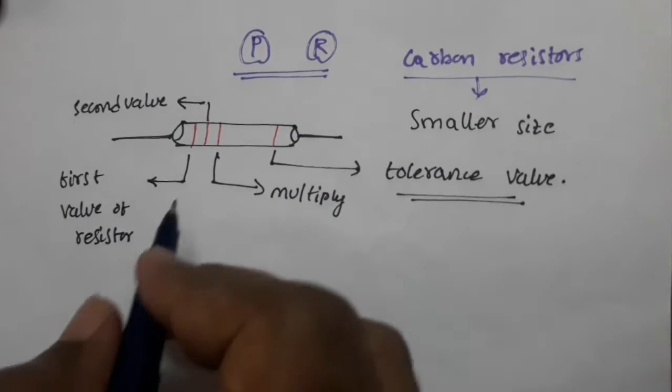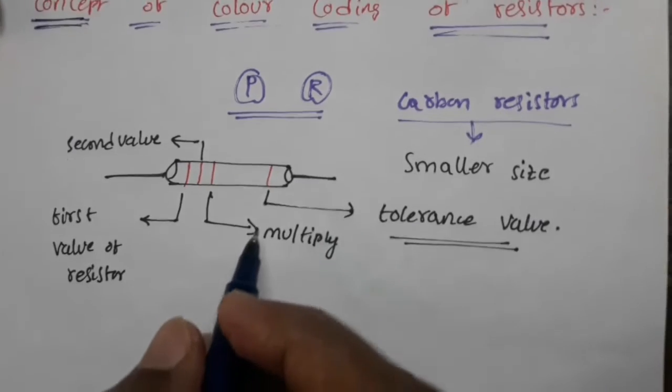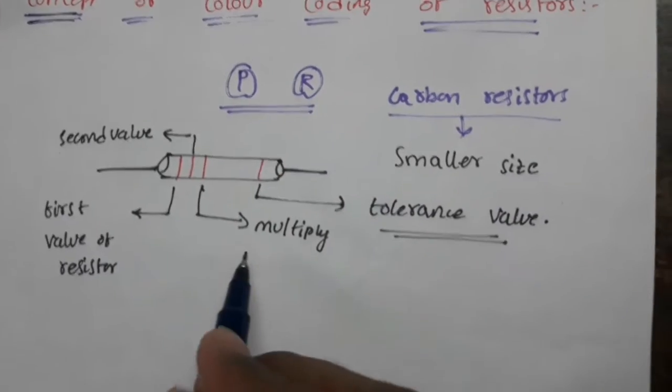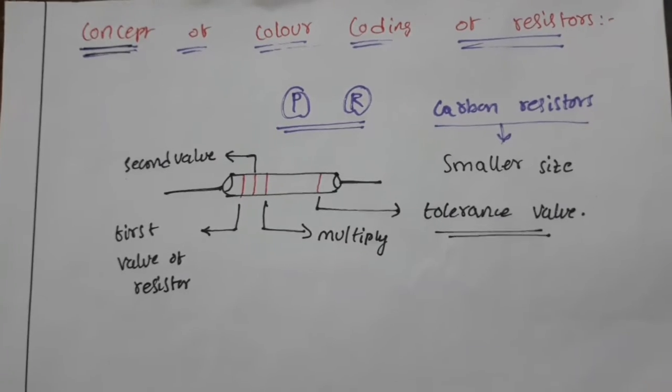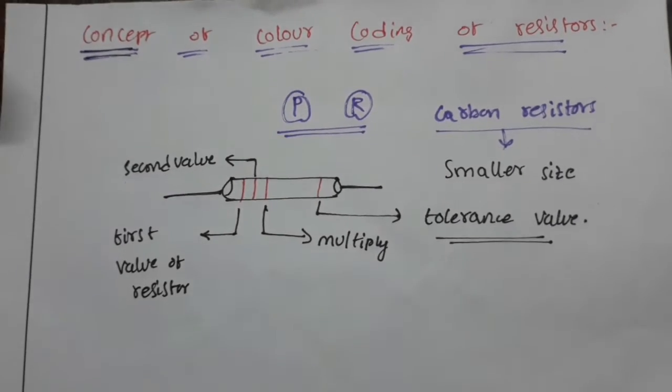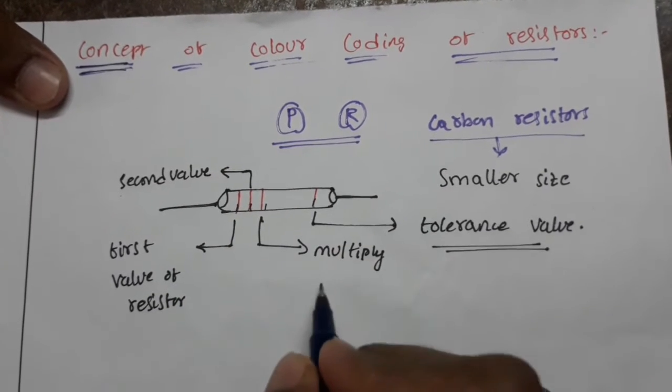These carbon resistors are very small in size, so the concept of color coding comes into the picture. We can call these bands or rings.